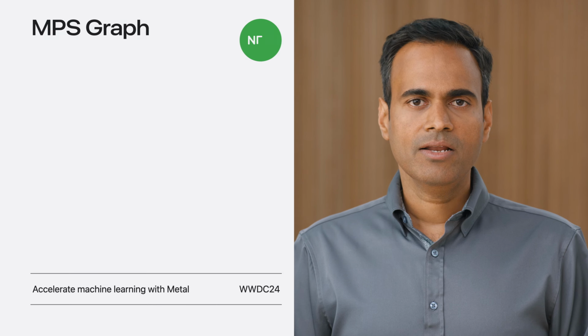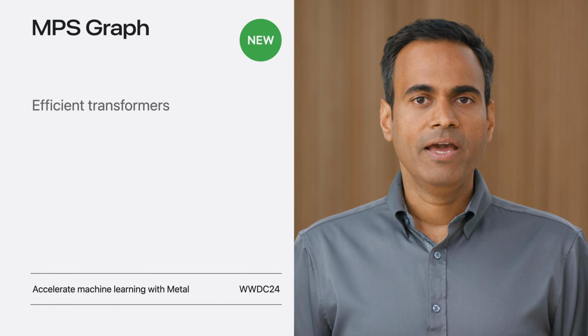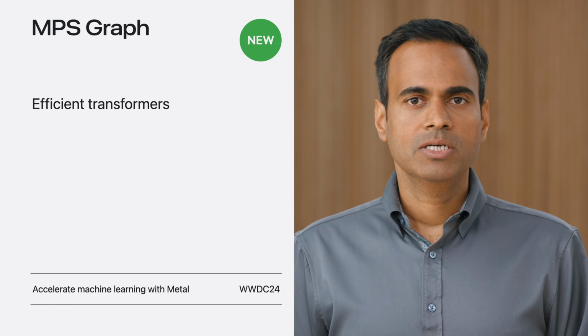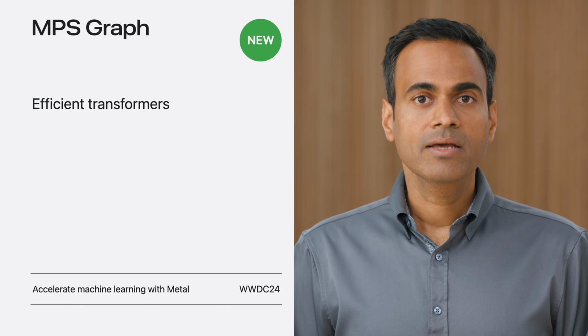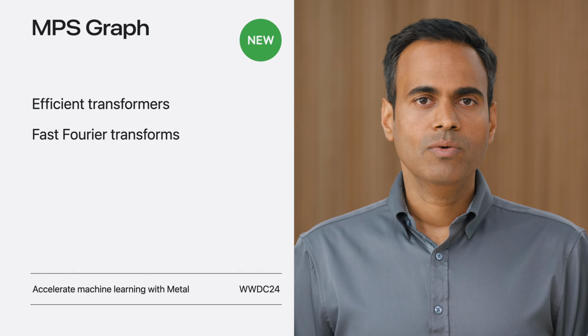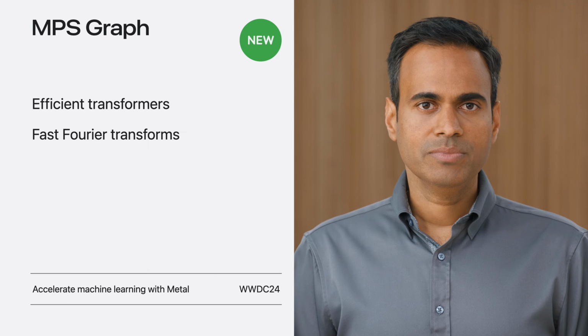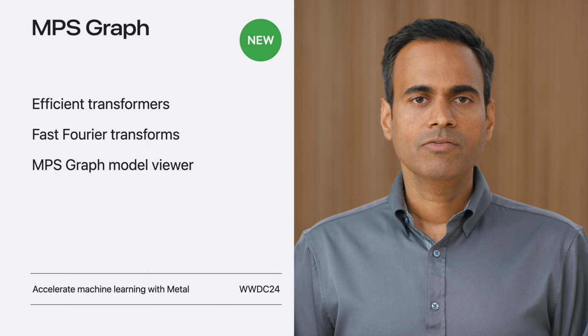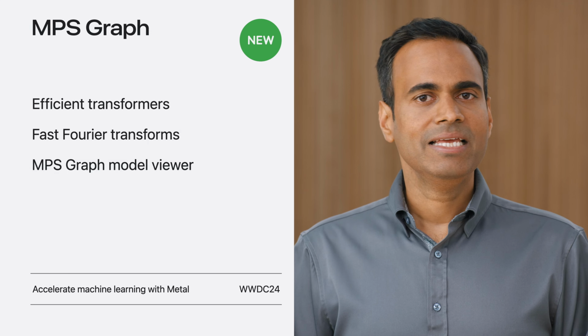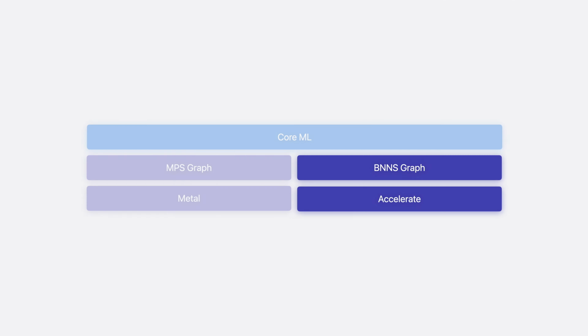Check out the Accelerate Machine Learning with Metal video to take a deep dive into efficient execution of transformers on the GPU, including new features in MPS Graph to improve compute and memory bandwidth. Learn how the new MPS Graph Strided ND Array API helps speed up Fourier transforms, and see how the new MPS Graph Viewer makes it easy to understand and gain insights into your model's execution.